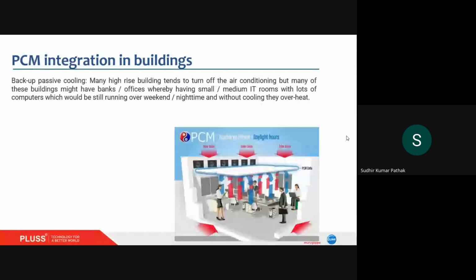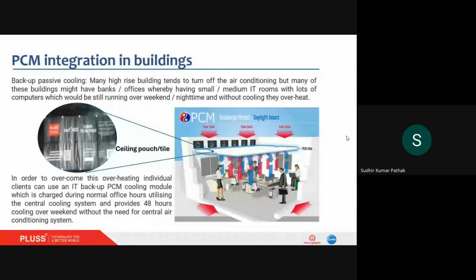The same concept can also be applied for power outages. Whenever there is a power outage in the building and your ACs are switched off, you have to maintain the temperature for human comfort up to a level. There we can integrate the PCM in the ceiling of the roof, as mentioned in this picture.